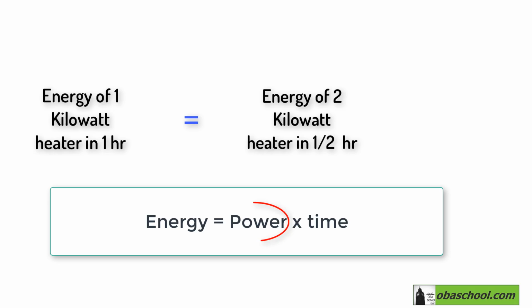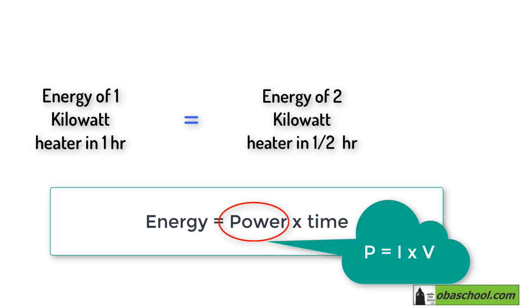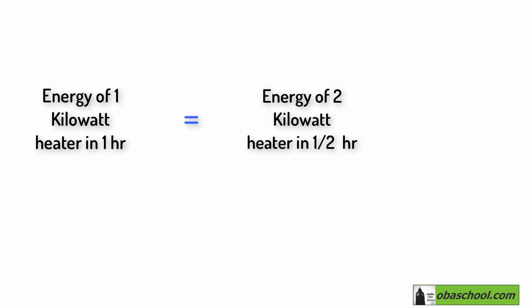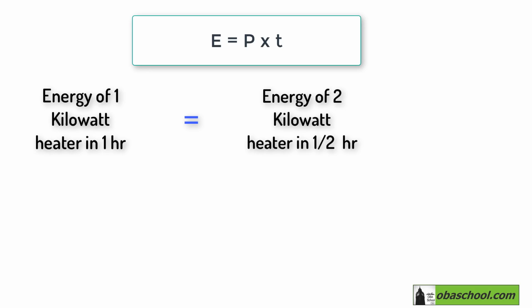And to find the power, the current and the potential difference must be known, where power is equal to the current in amperes multiplied by the potential difference in volts. And to find the energy in the above example, we multiply the power by the time.